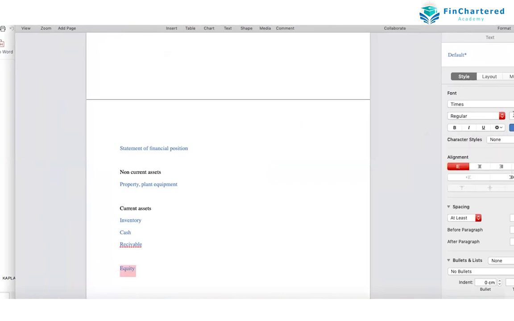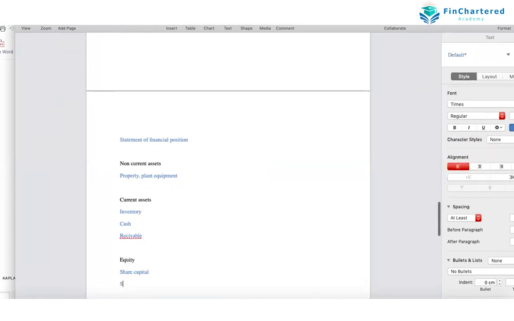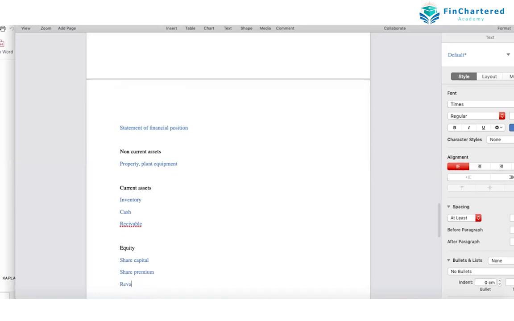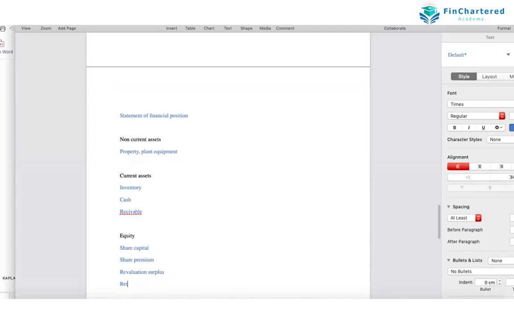Right? What belongs to the owners? This is basically the share capital when they invest the money. Okay, again, we'll look at this in more detail. Share capital, share premium. There's something known as revaluation surplus. And there's something known as retained earnings.